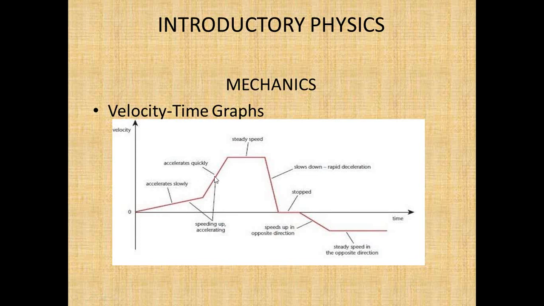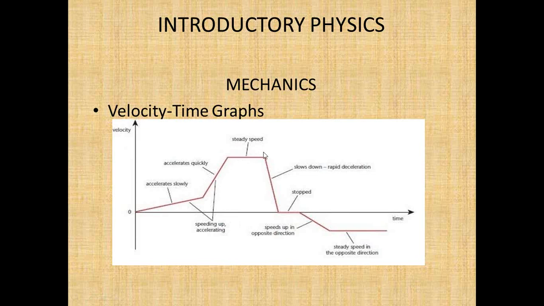So it accelerates quickly, and then you have a flat line or horizontal line. So again, the flat line means that the velocity is not changing even though time is increasing. So this is constant velocity.